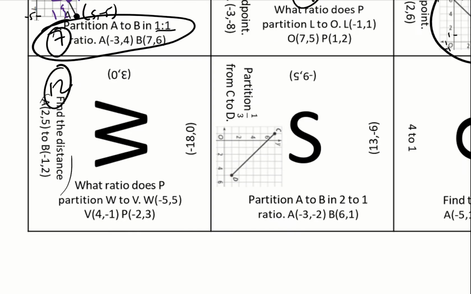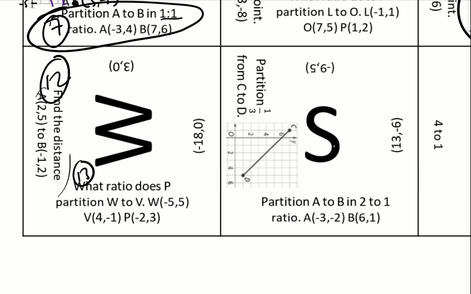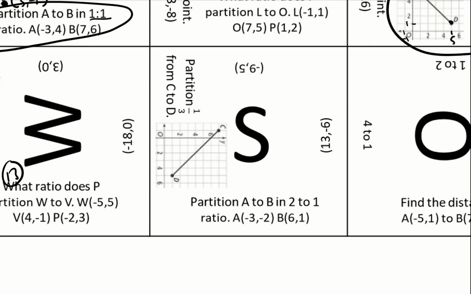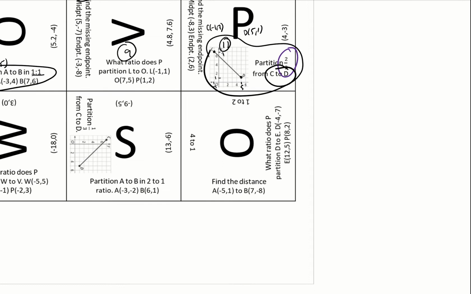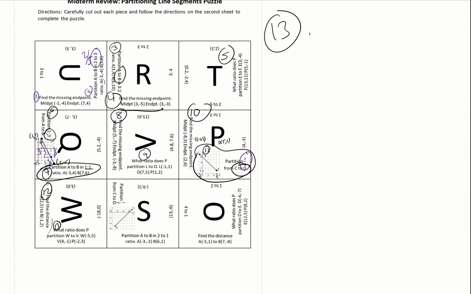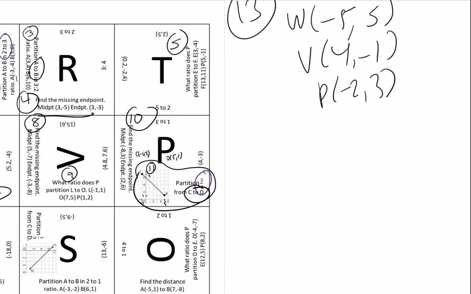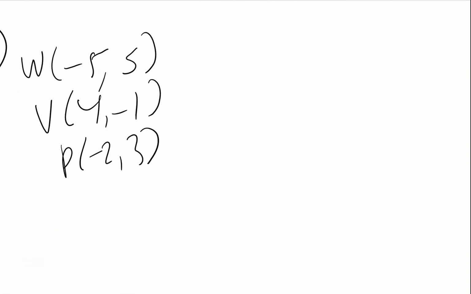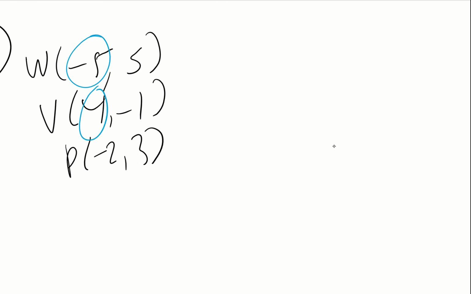Okay, number 13, another ratio problem. What ratio does P partition W to V? Okay, so again, let's focus on the x. It doesn't matter if you do x or y, by the way.